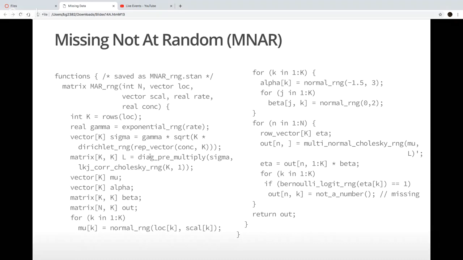So the data generating process for missing not at random is similar, except the probability of being missing under my logits or observed can depend on all the true values, not just the subset of variables that I said would be fully observed. And if that's the case, then the data generating process is missing not at random.